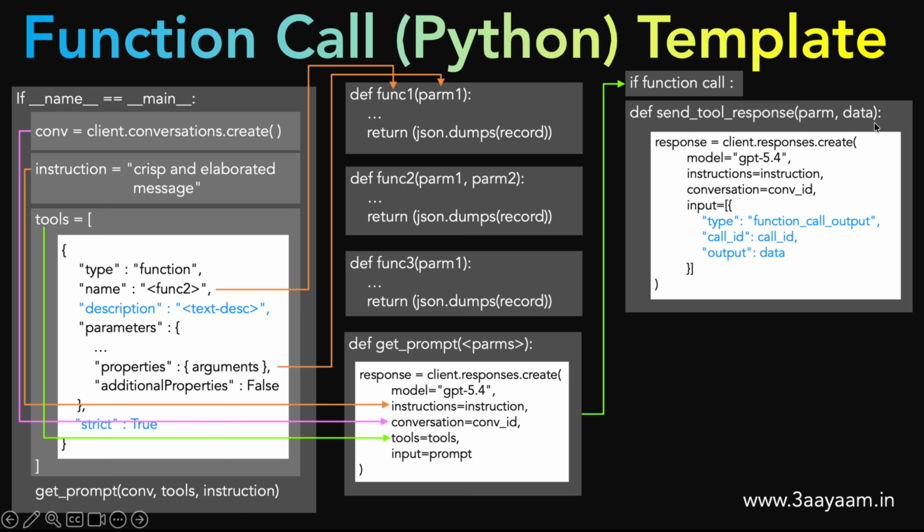By providing this, we are telling the large language model that I have got the output from the function call, and we'll have to use this output to send the response back to the user. So then the large language model will send the output to the user using the results that were sent by the function call.